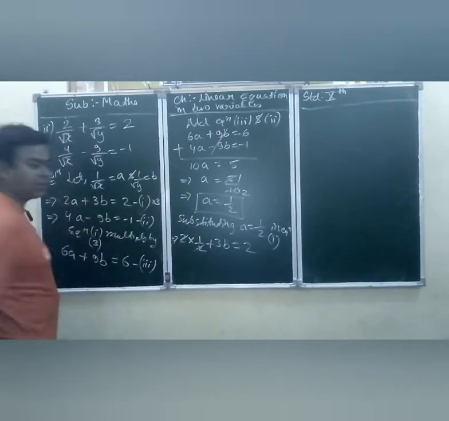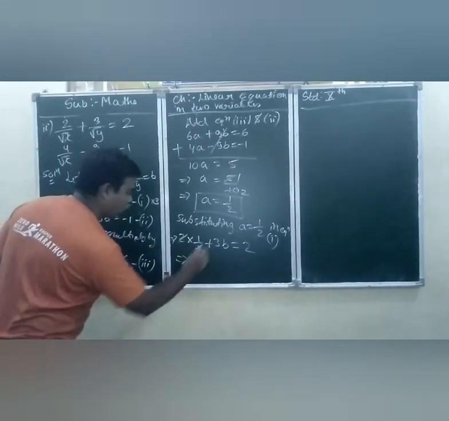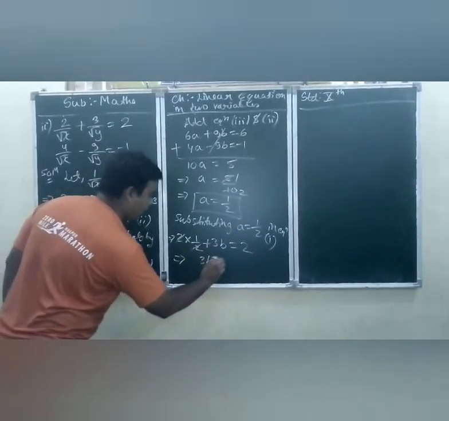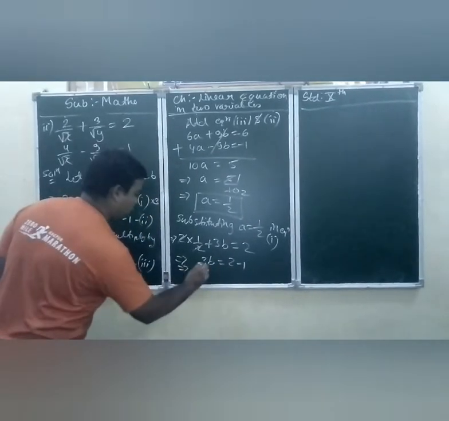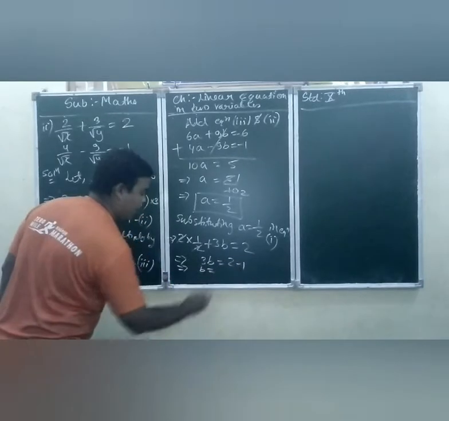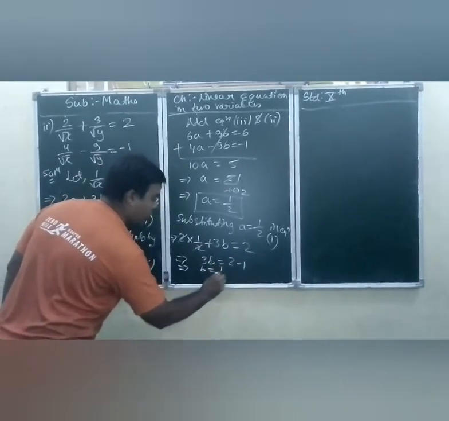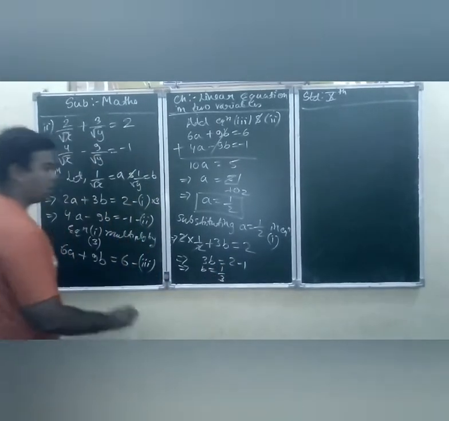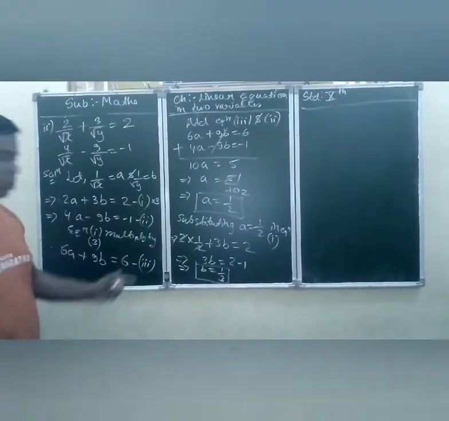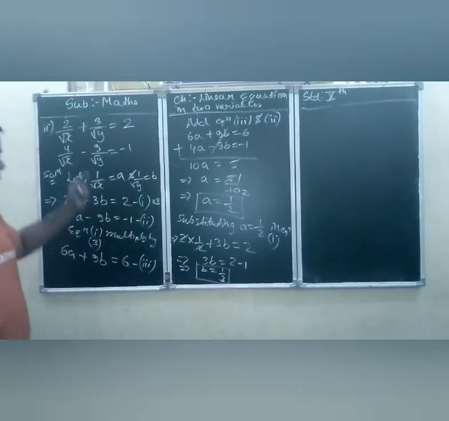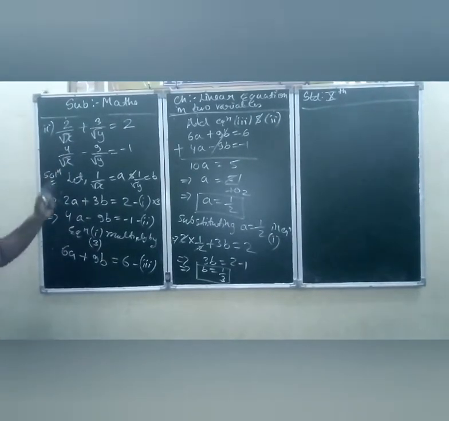So this 2 is cut. So 1, 3b is equal to 2 minus 1. So b is equal to 1 by 3. So b we got 1 by 3. So is this question over? No. Again we find the value of x and y.